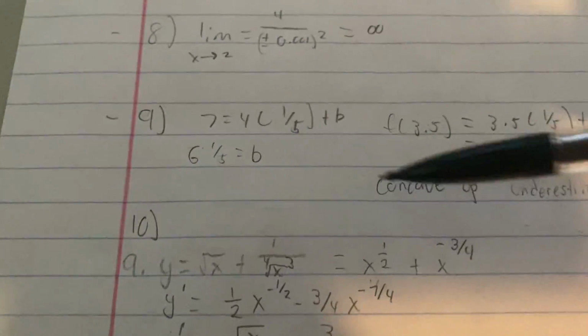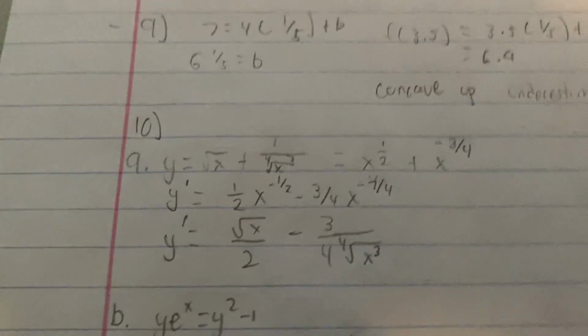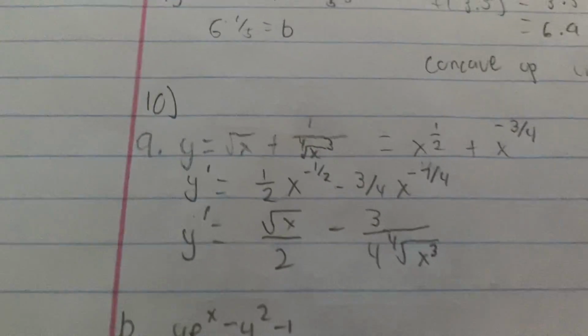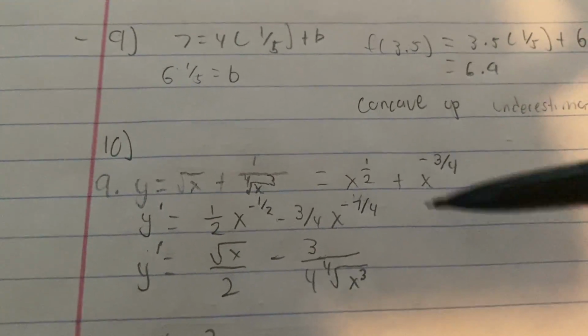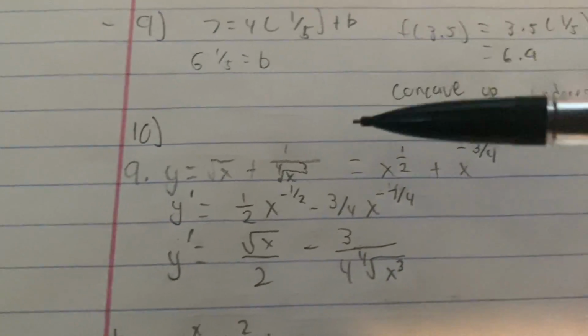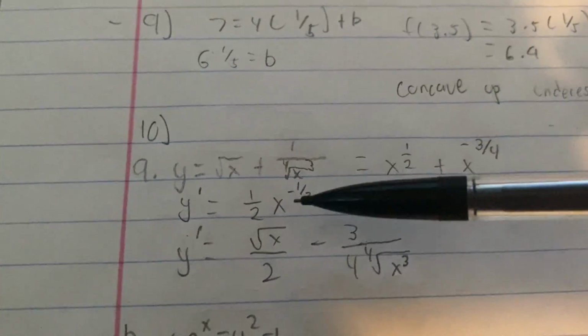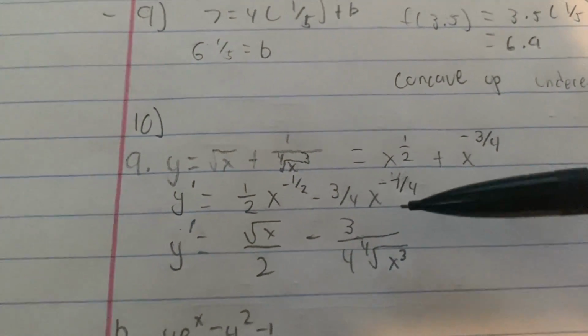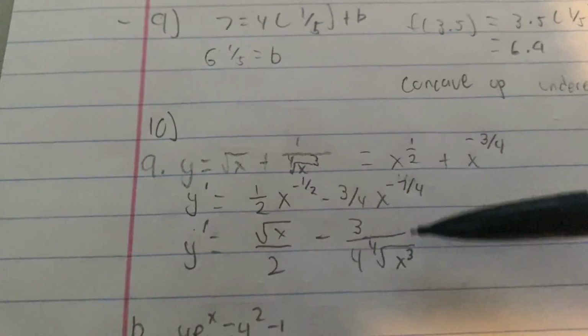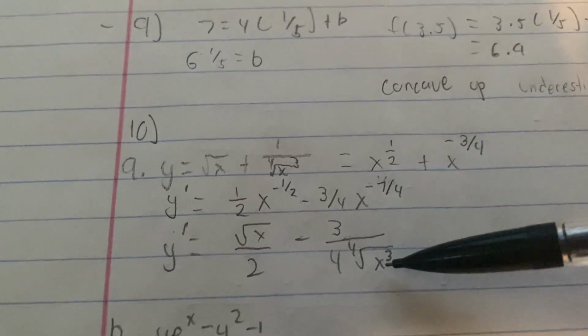I just rewrote them as powers. We can apply the power rule, and it's pretty simple what I did here. Subtract 1, carry that over. Not sure there's much to explain here. And then I just simplified these, square root x over 2, and negative 3/4, and then obviously negative 7 over 4, which I have here.